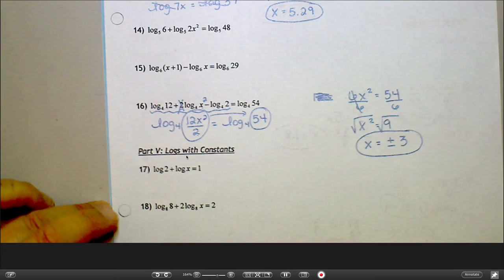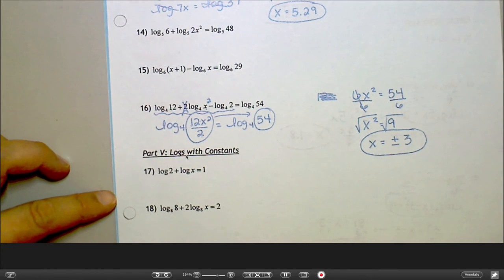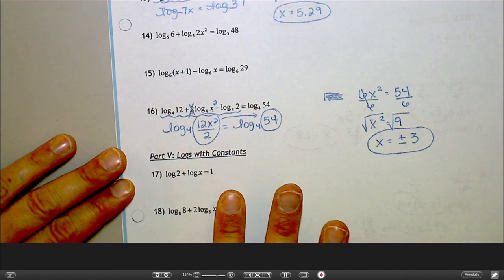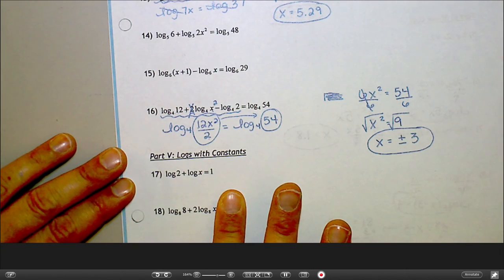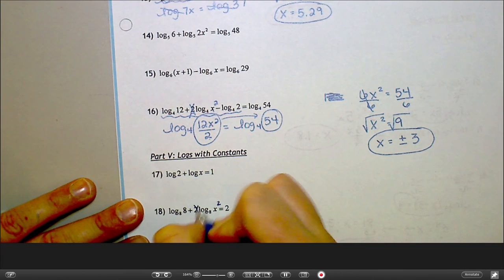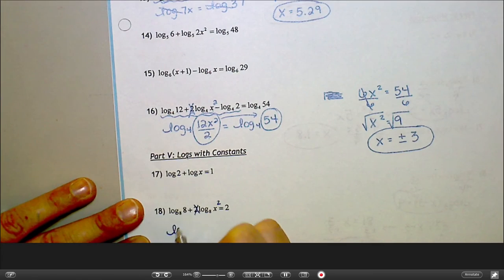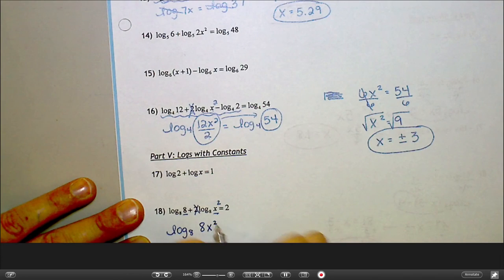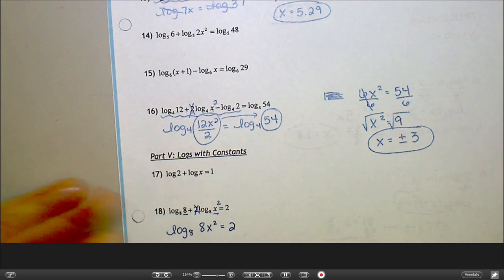Which one of those do you feel like doing? 18? Okay, so if I'm combining the stuff on the left side, what's the first thing I should do? Put the 2 in the power. Yep, so make this a power 2. And then I would write this as log base 8 of, how am I going to combine these two? 8. Yep, so that'd be 8x squared equals 2.